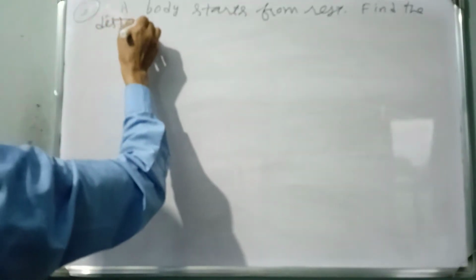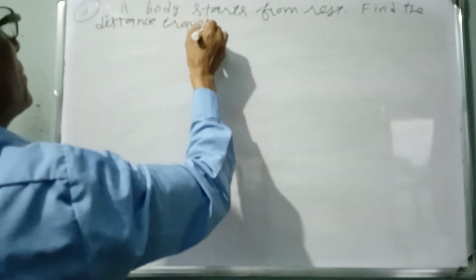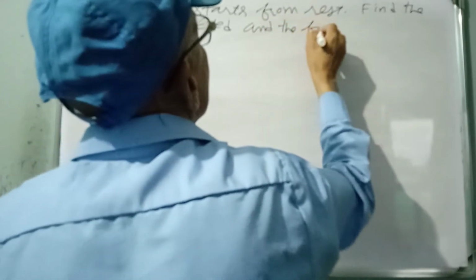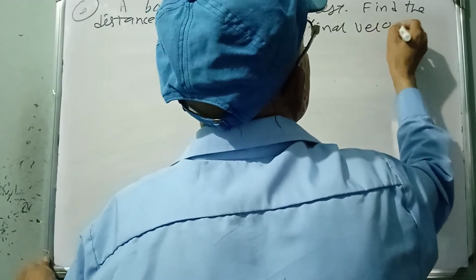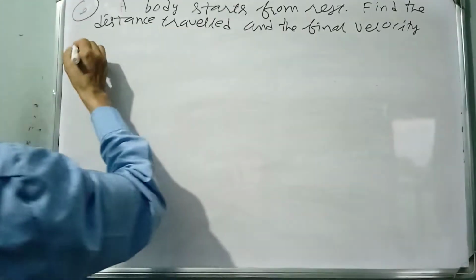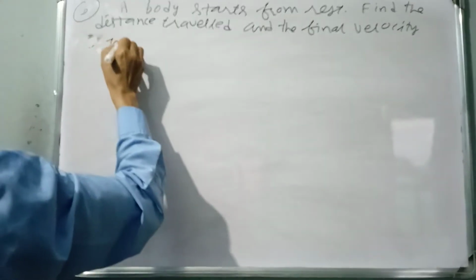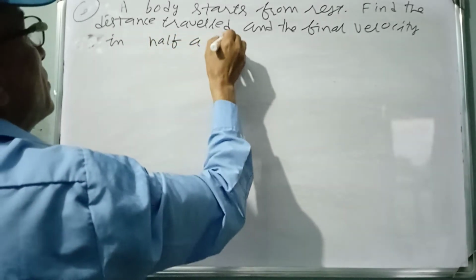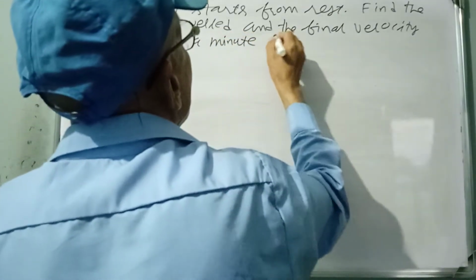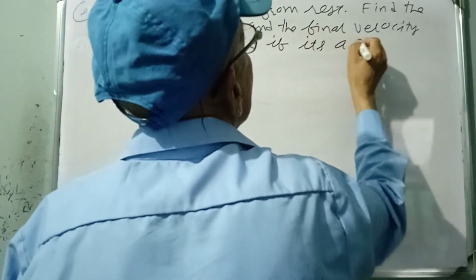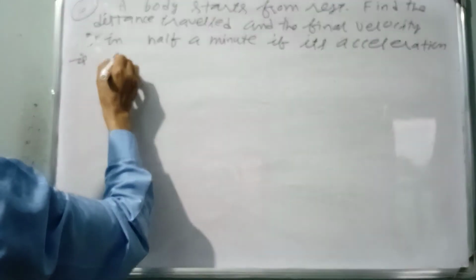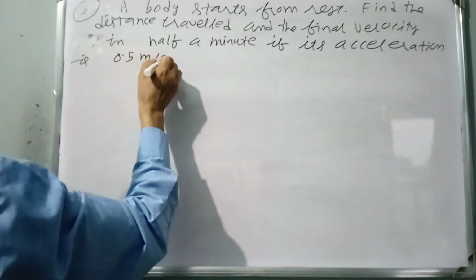Find the distance traveled and the final velocity in say half a minute, if its acceleration is say 0.5 meter per second square.